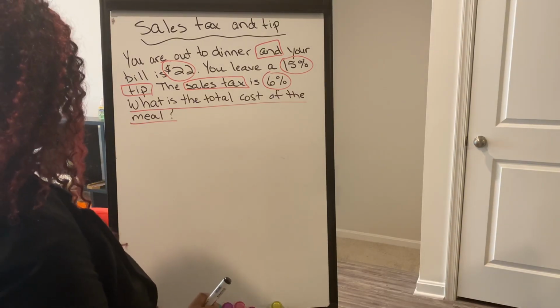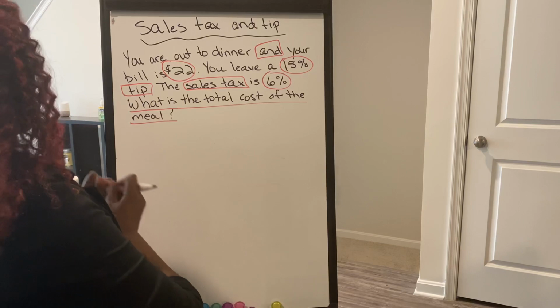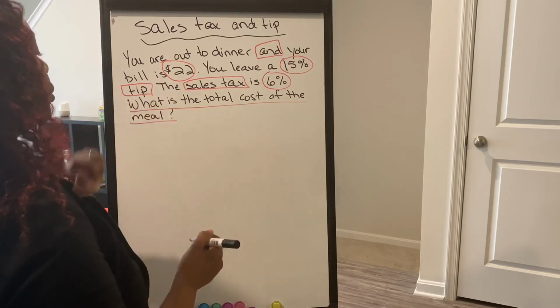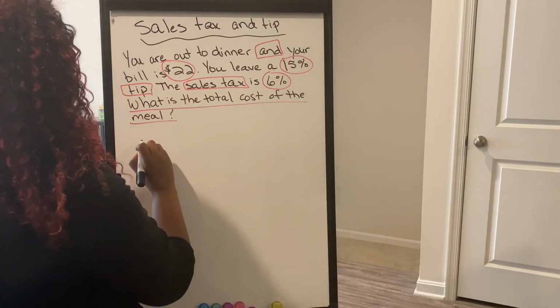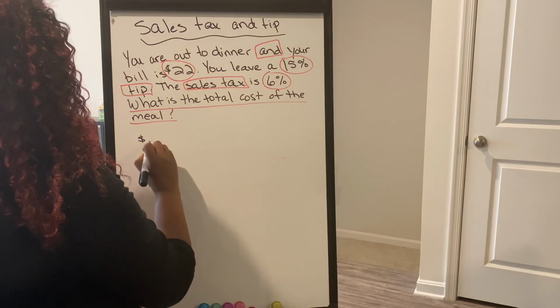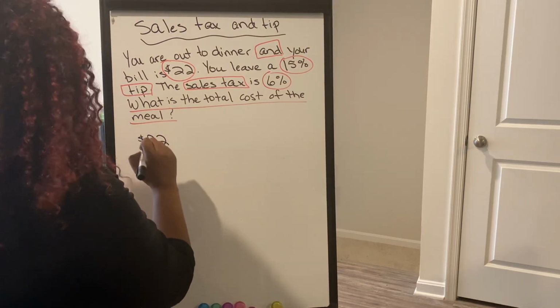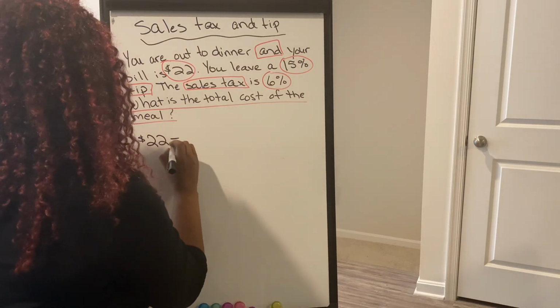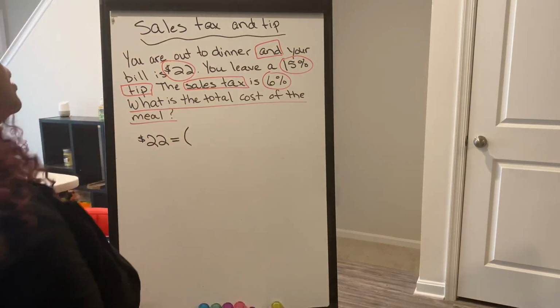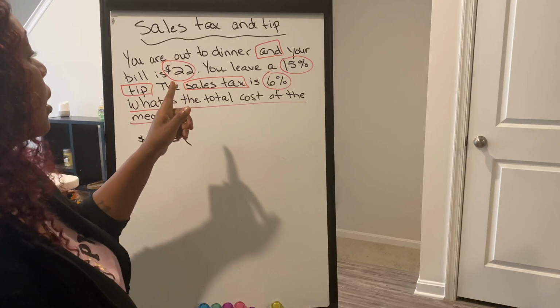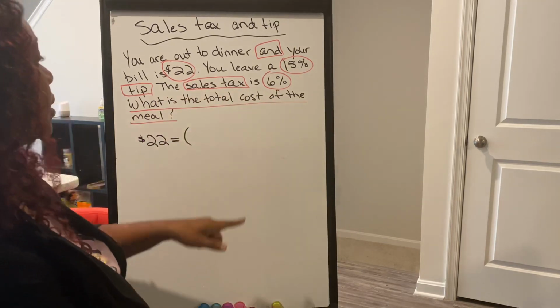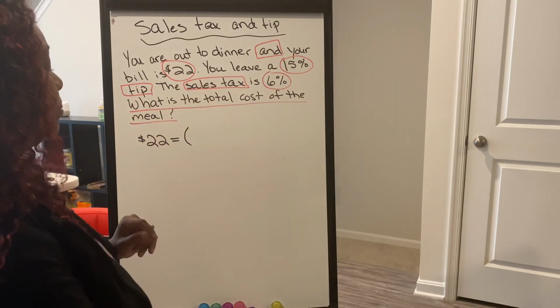So let's start breaking down our problem. How much was the total amount of the food? The total amount of the food was $22. So 22 was how much our food cost. Then you're going to look at what your percentage is for your sales tax.